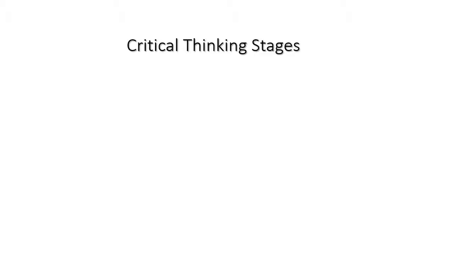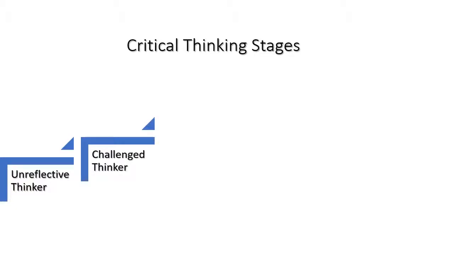There are 6 stages in the development of critical thinkers. The first one is the unreflective thinker. This thinker is unaware of significant problems in the thinking process. The next one is known as the challenge thinker. This one is aware of thinking problems, while the beginning thinker tries to improve but without regular practice.